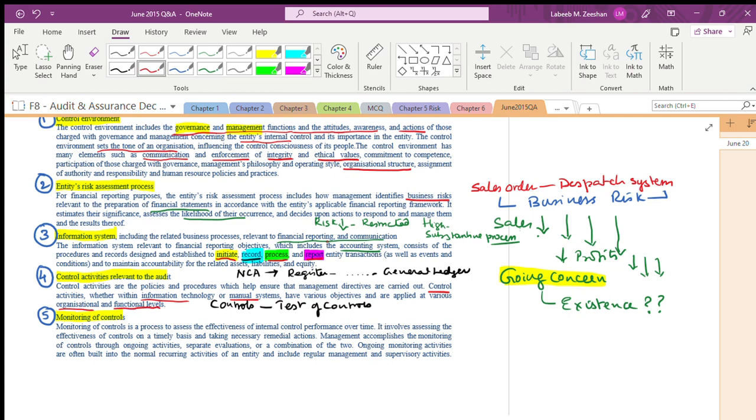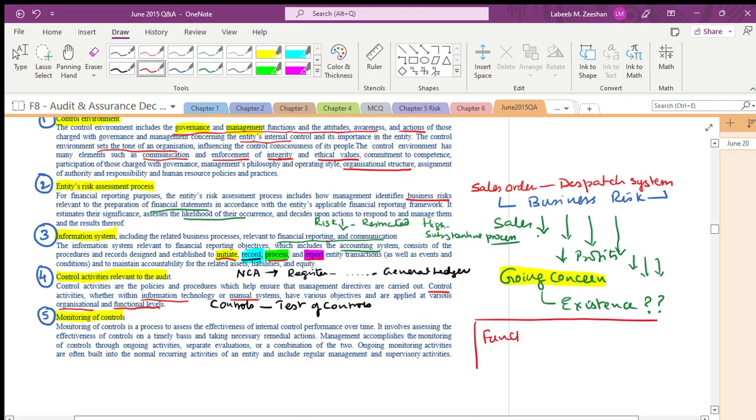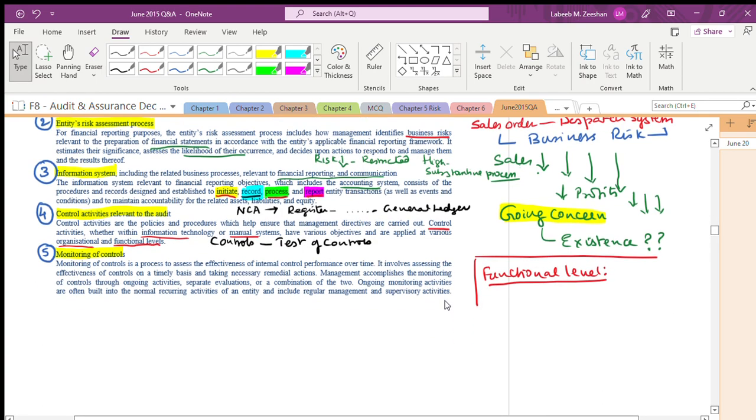What is the functional level? I will write here. Functional level means, any idea? Yes or no? I am here to help you.